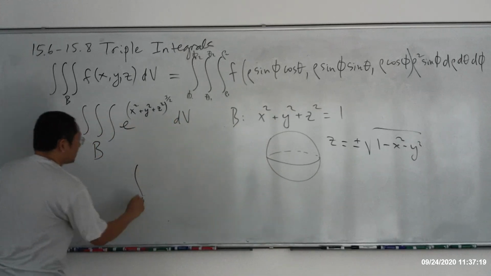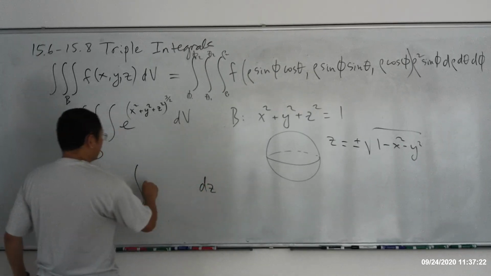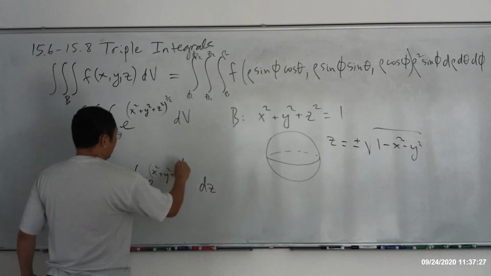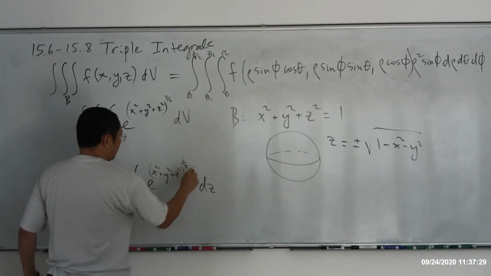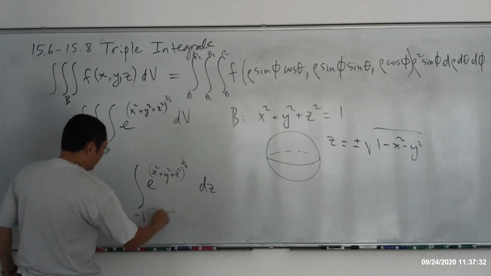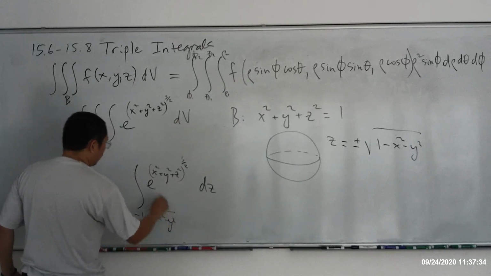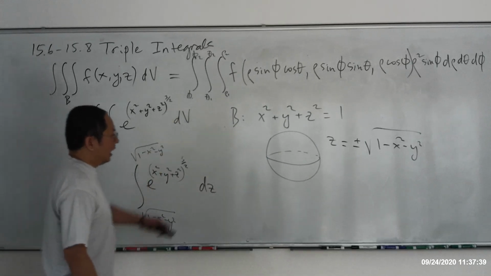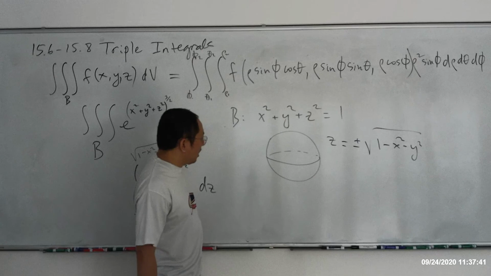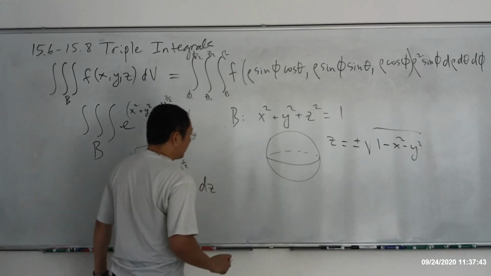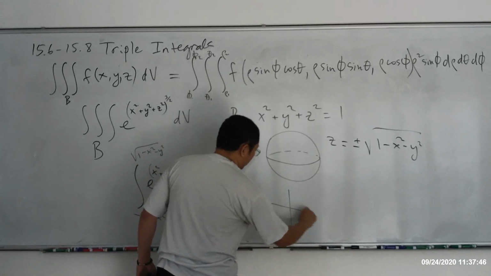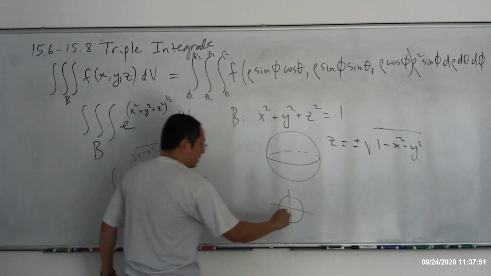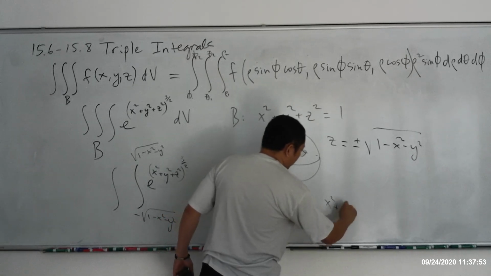So the innermost one for dz is e to the (x squared plus y squared plus z squared) to the 3/2. z goes from what? Negative square root of 1 minus x squared minus y squared to positive square root of 1 minus x squared minus y squared. Okay? And if you project the whole ball down to the xy plane, you're going to have a circle of radius 1, x squared plus y squared equal to 1, right?